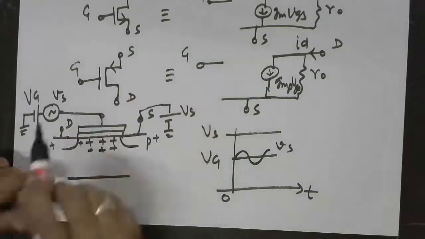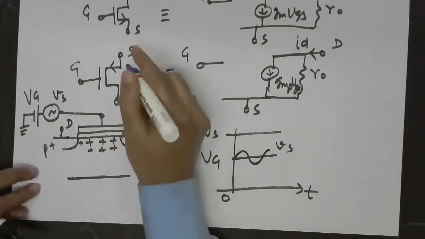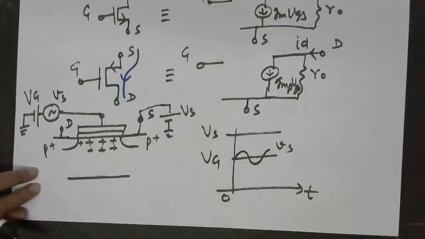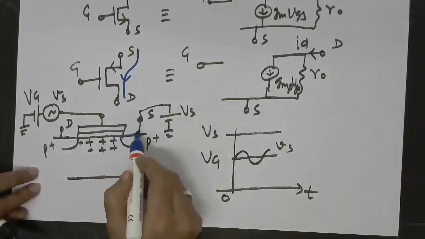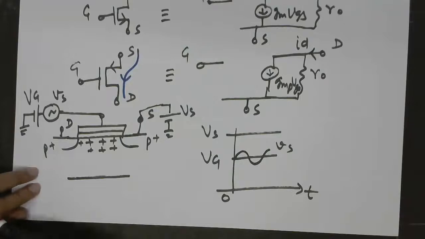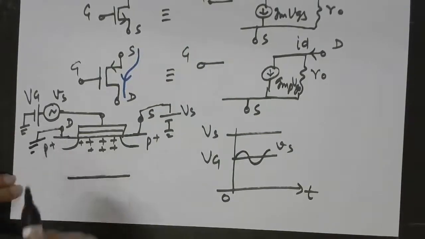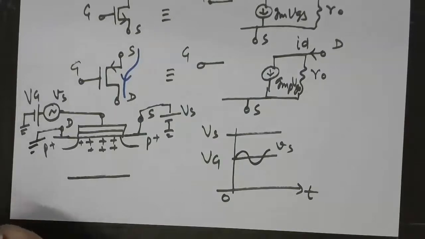So here keep in mind that the actual current that flows is like this. This is the direction of the actual current from the source to drain. So for simplicity, drain is also grounded. Right.